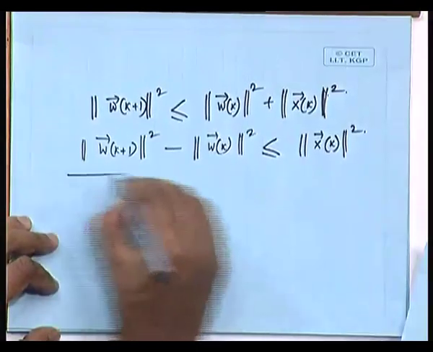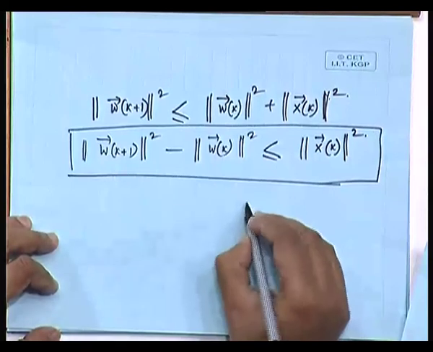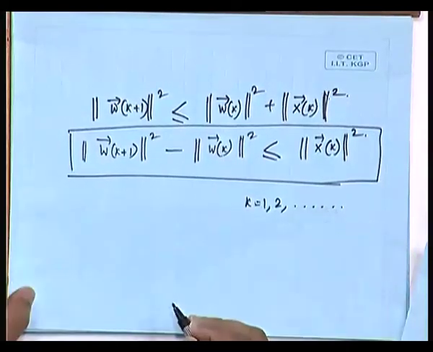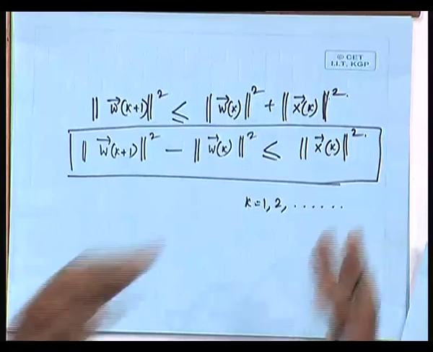You see, now we are going to apply this inequation for k is equal to 1, 2, etc. You put k is equal to 1, what you get? W2 square minus W1 square less than or equal to x1 square. You take k is equal to 2, what do we get? W3 square minus W2 square less than or equal to x2 square.